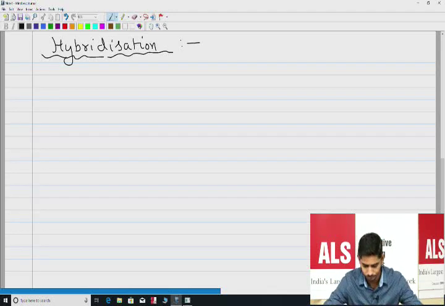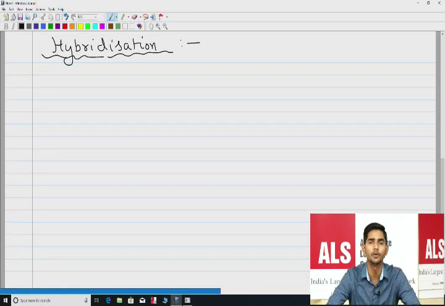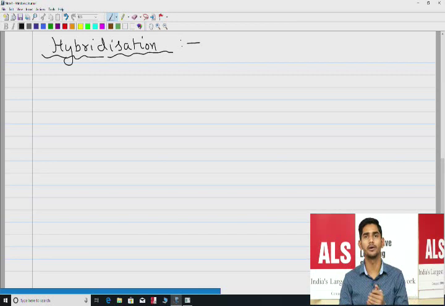See, till now we were discussing the bond formation concepts. Okay, what have we discussed till now? That the outermost orbitals containing the electron overlap with each other, and after the overlapping they form a bond. Okay, but hybridization says that no, it is not like that.